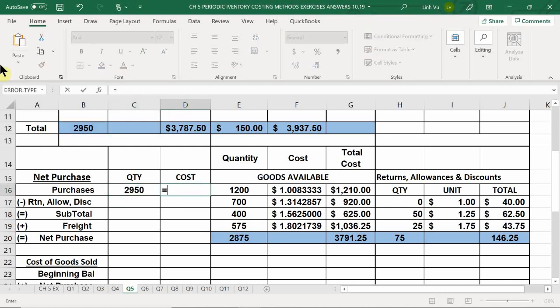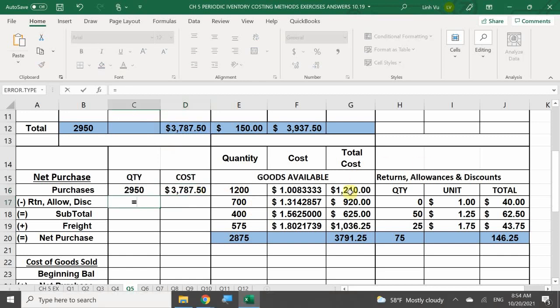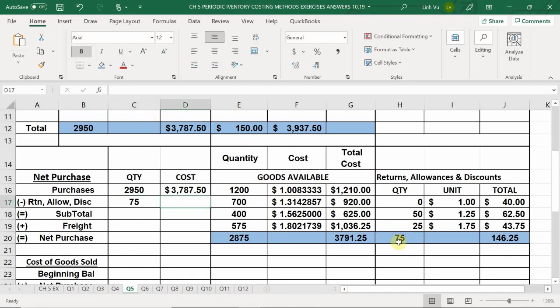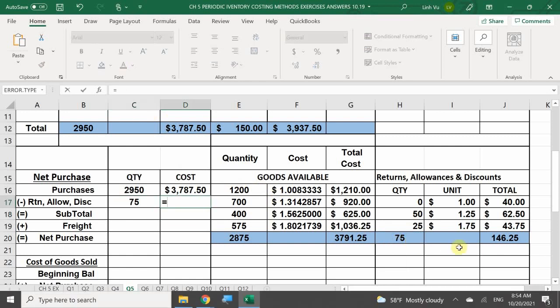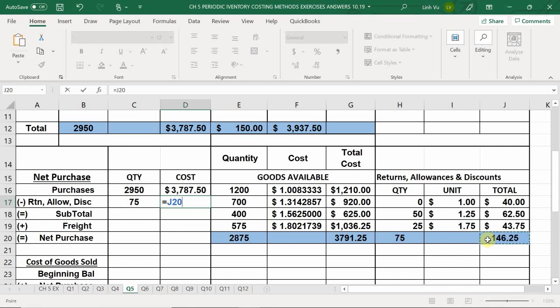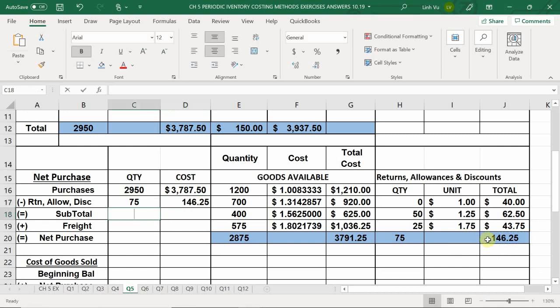How much did it total cost me for my total purchases without the freight? $3,787.50. Good. How many items did I return? 75. Okay, which cost me a total refund of? $146.25. Okay, so therefore my subtotal should be this number subtract this number.